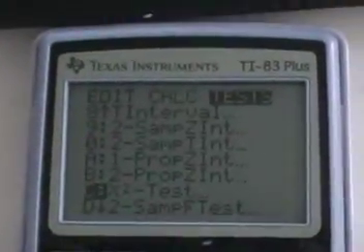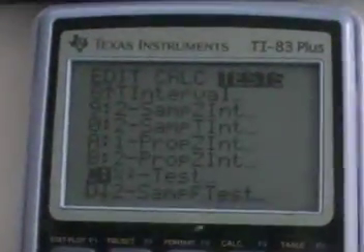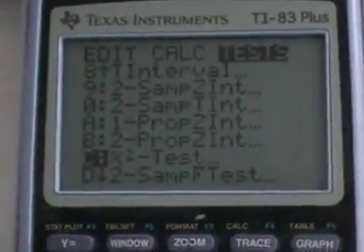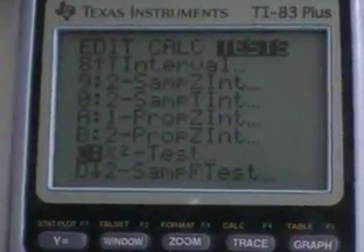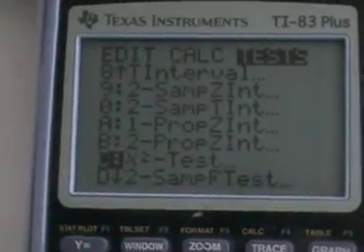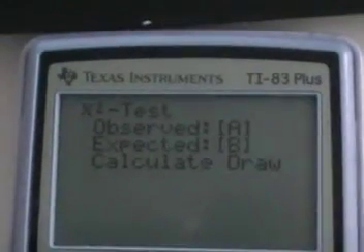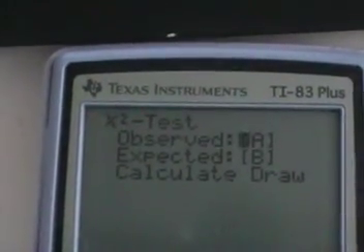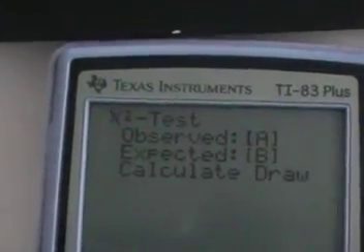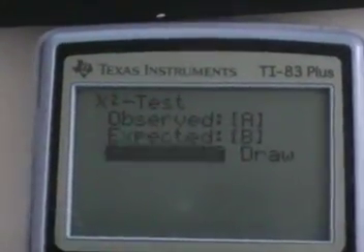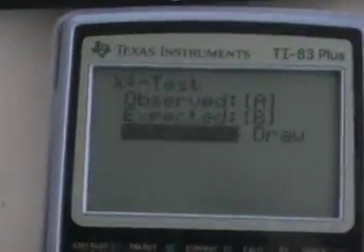You don't need to know that one for this exam. So some calculators have it and some don't. This one doesn't have it, which is fine. Whether you have it or not, everybody should choose chi-square test alone, not the GOF one. And you don't have to do anything. Literally, it says observed are in matrix A, expecteds are going to go in B, but the calculator does them for you. You literally don't have to do anything except put the data in the matrix and hit calculate.